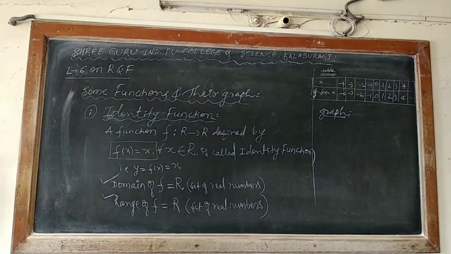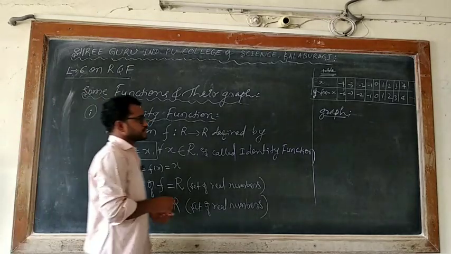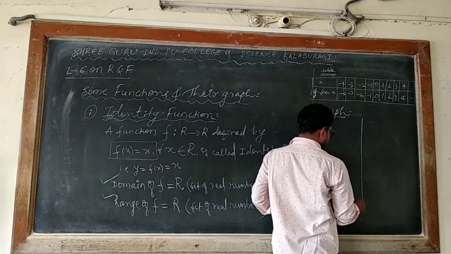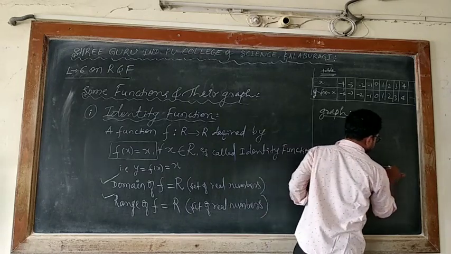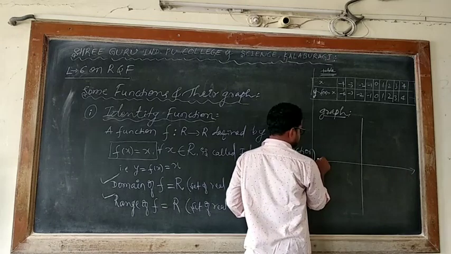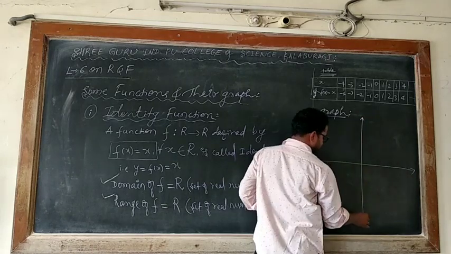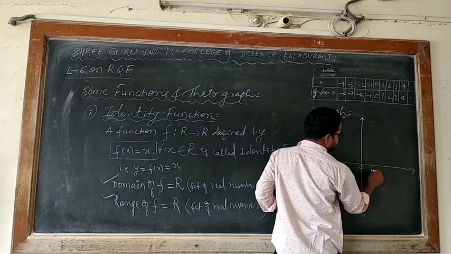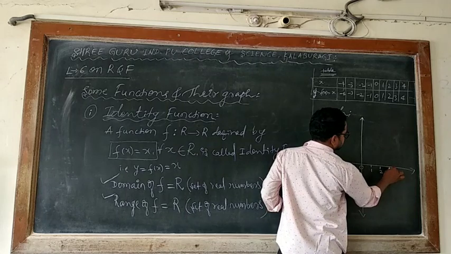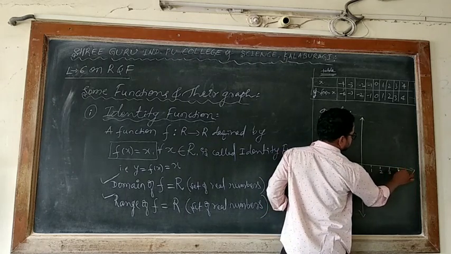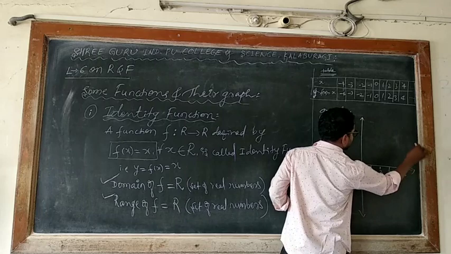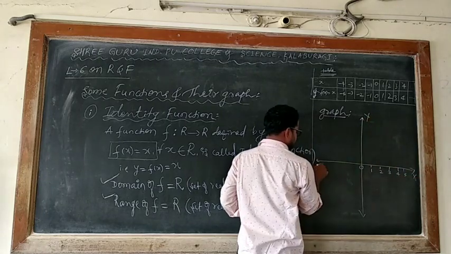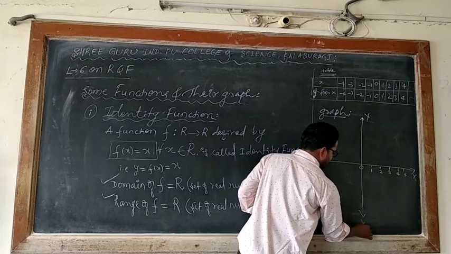So we will see the graph. What is the graph here? I will take the x-axis and y-axis. Listen to me. This I am considering 0. This is 1, this is 2, this is 3, this is 4, this will be 5 and so on. This is x, this is y, this is x dash, this is y dash.